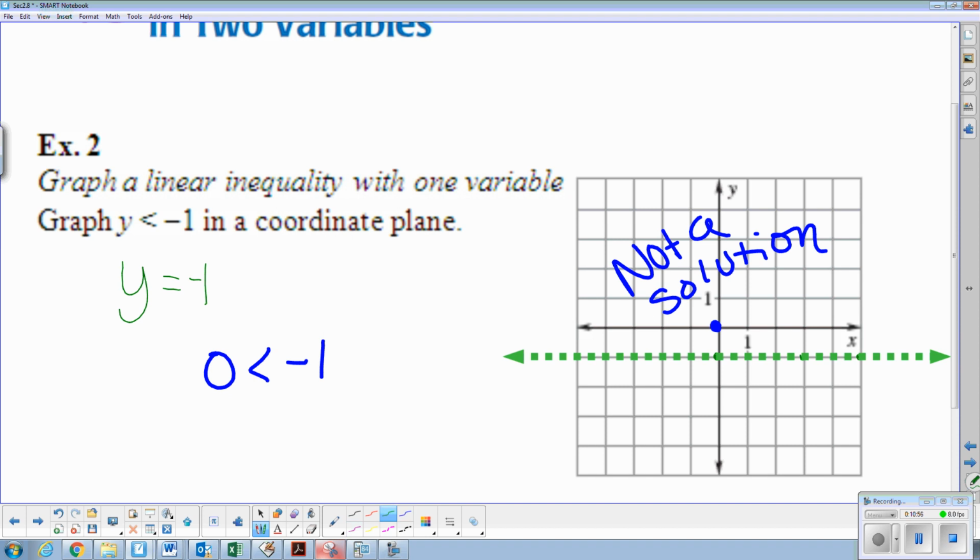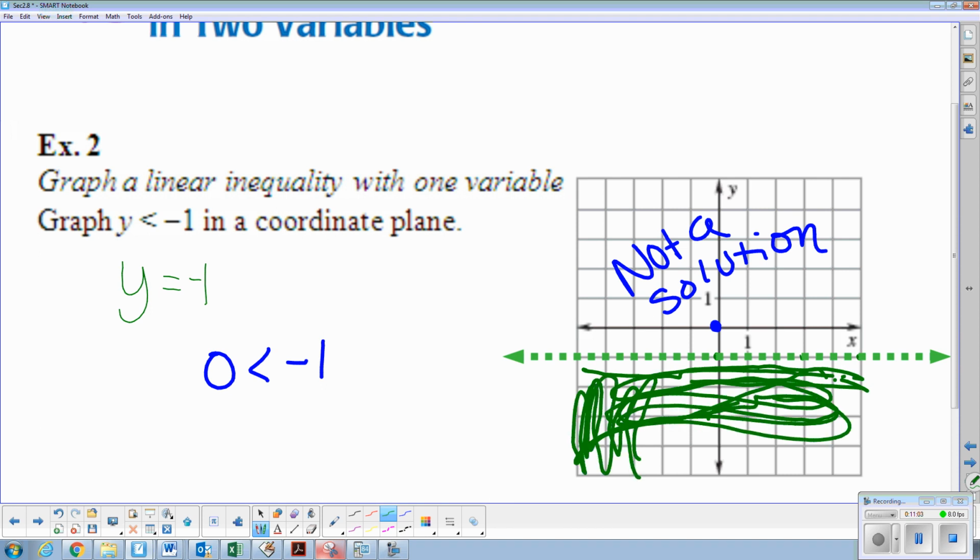So we need to shade in the part that is a solution. Here's our section that is a solution. Again, we used a dotted line for our boundary line because that is not included in the solution. But anytime y is less than this boundary line is our solution.